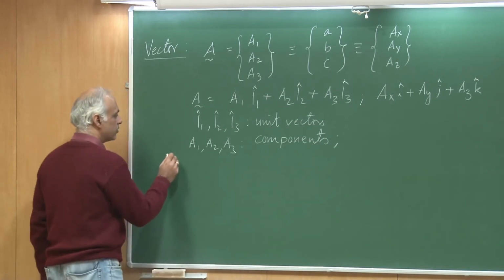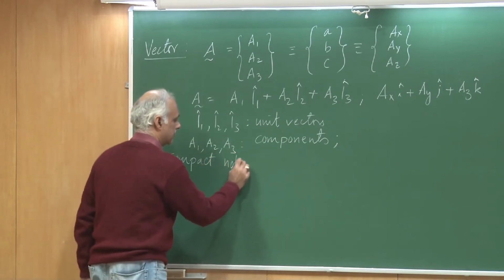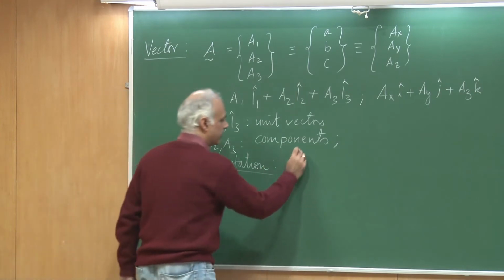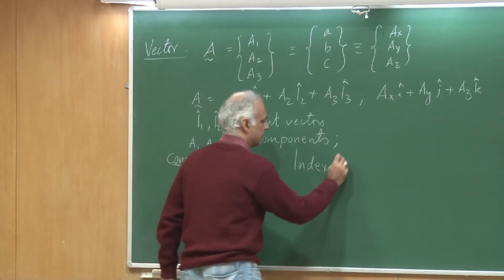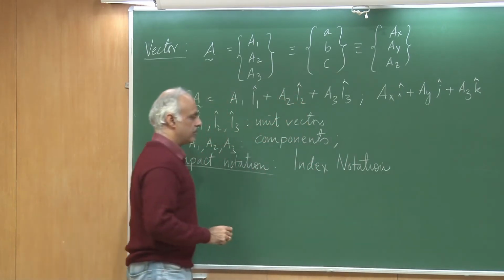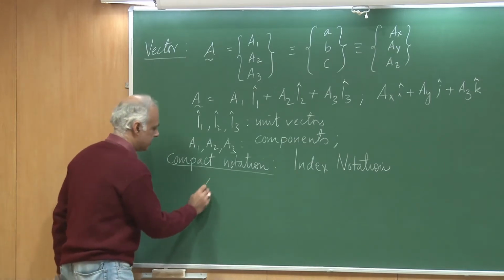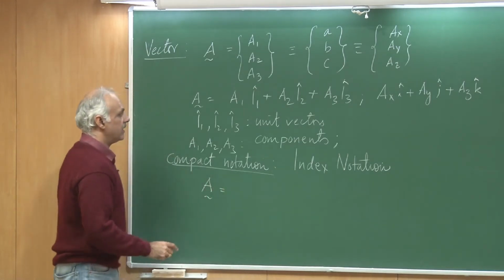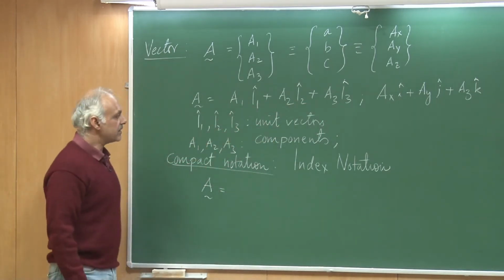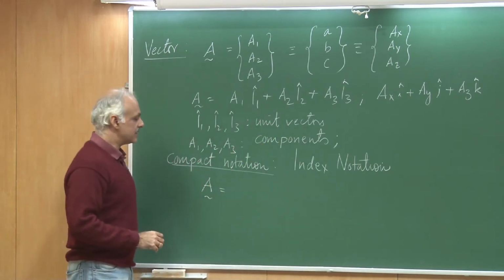Now, we will use a compact notation which we will denote as the index notation. So, what we are going to do is we will say a vector A has these components A1, A2, A3, and the unit vectors are I1, I2 and I3, and it is a little bit tedious to write this.